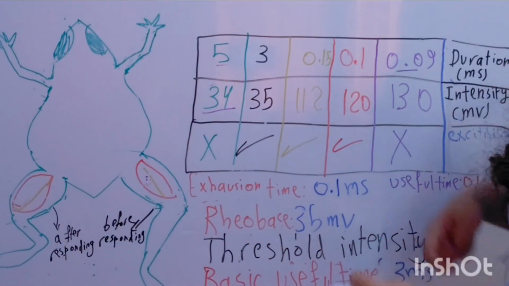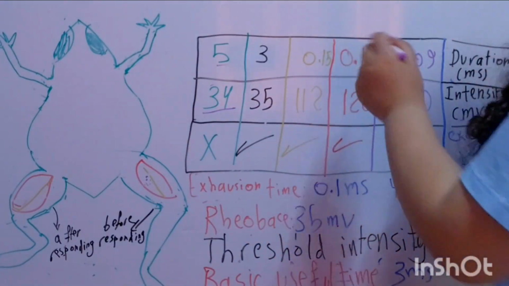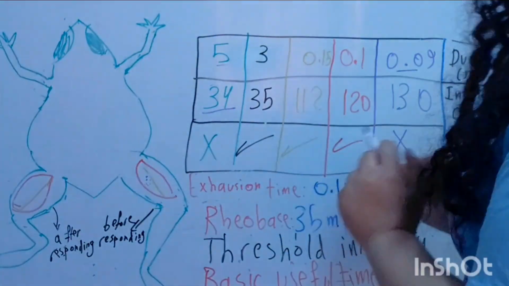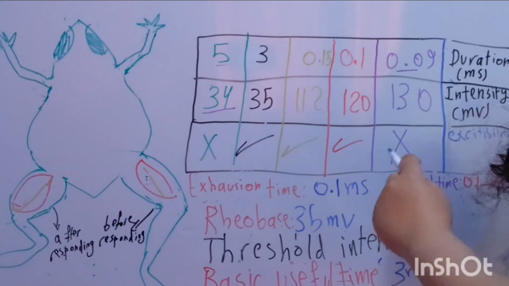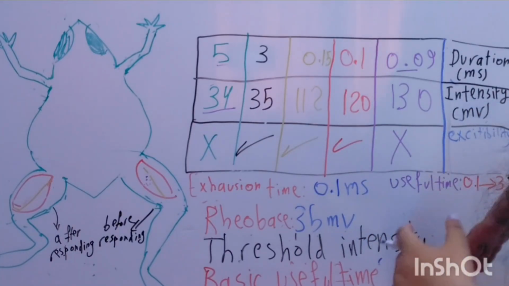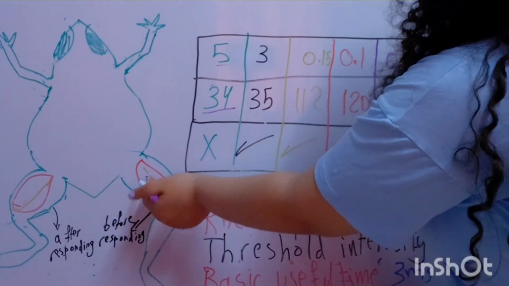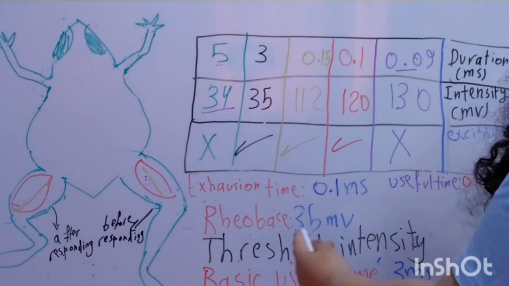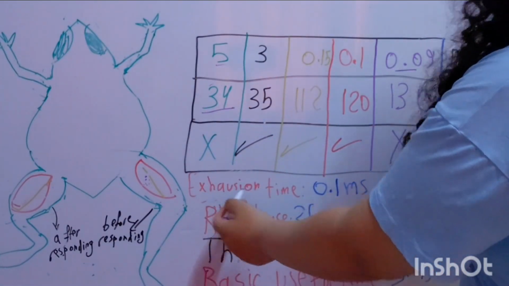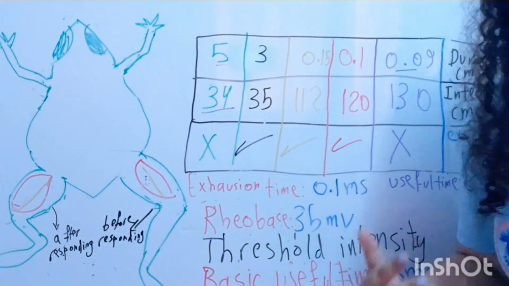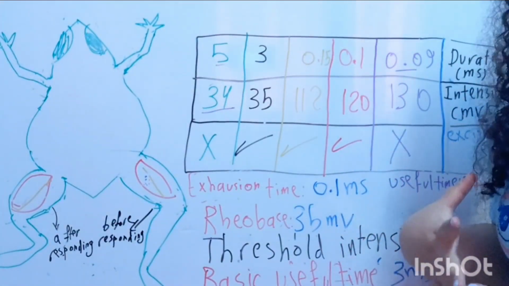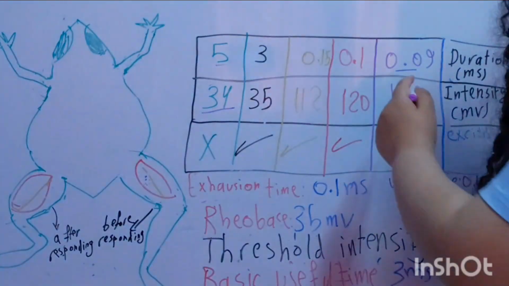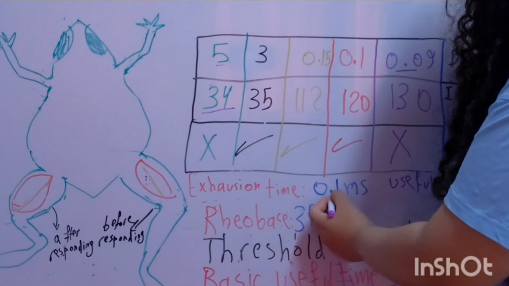But if the duration isn't at least 0.1, no matter how big the intensity is, no excitability will happen, and no contraction of the gastrocnemius muscle will be noticed. So here, the exertion time is defined as the smallest or the minimum duration that we need in order to achieve the excitability of a nerve, which is here, as we said, 0.1.